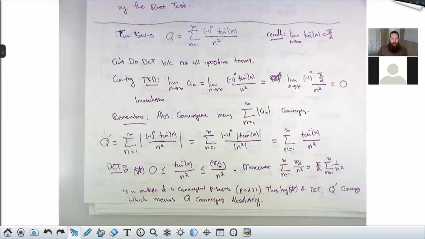Jumping straight to absolute convergence is a good idea if you think you can show that the absolute value series converges, especially if you think you can show that quickly. So time is one of the struggles here. And it's something that you'll get better with as you practice more.